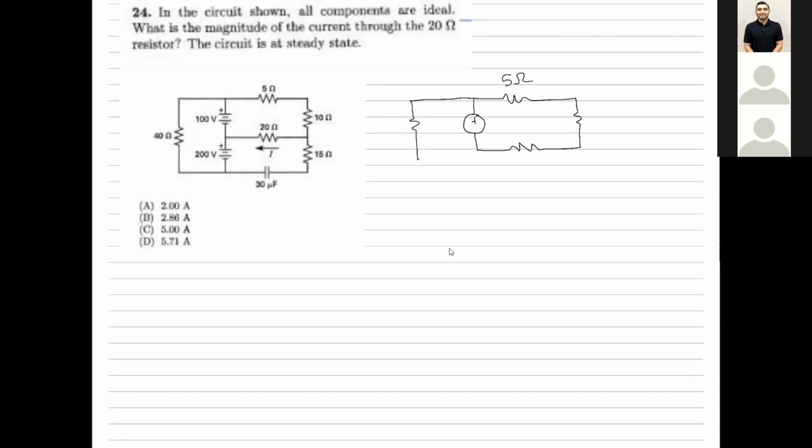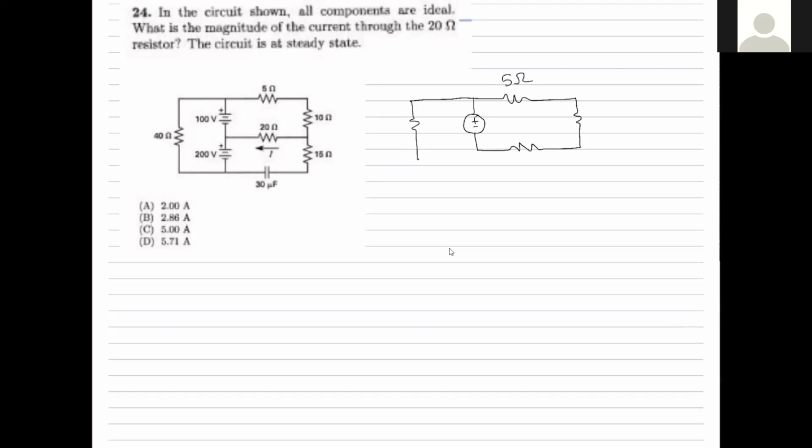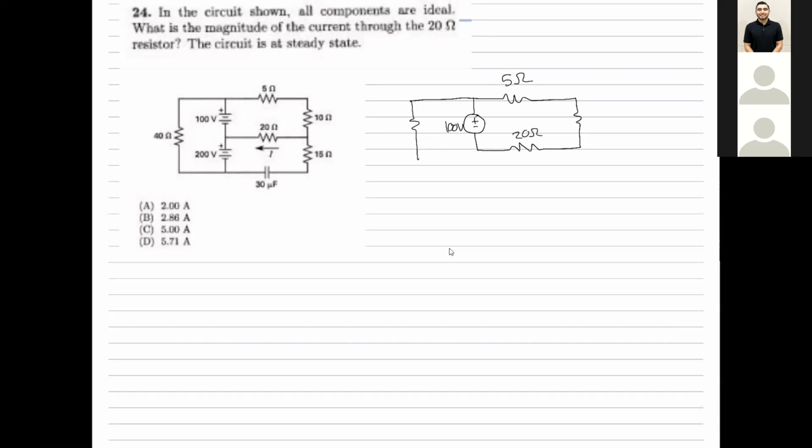I don't know, it helps me. Maybe someone has a different idea, but that's what I like to do. Okay, here's our resistances. This is a 200 volt. This is a 40 ohm.